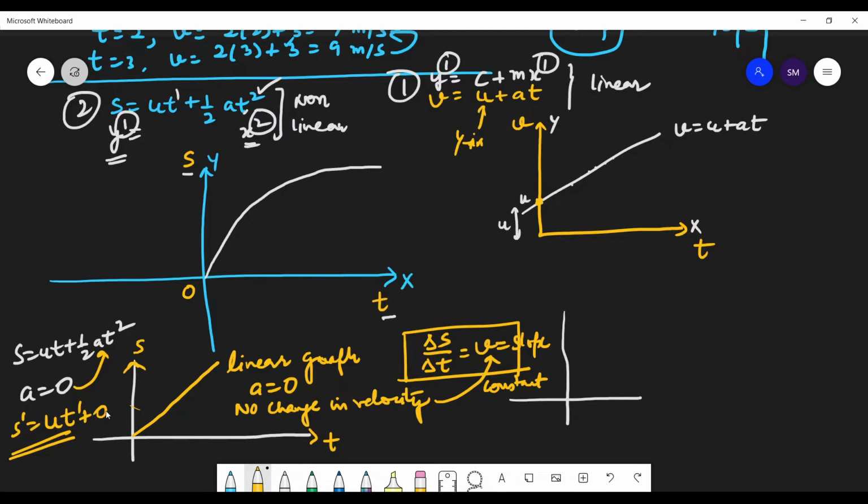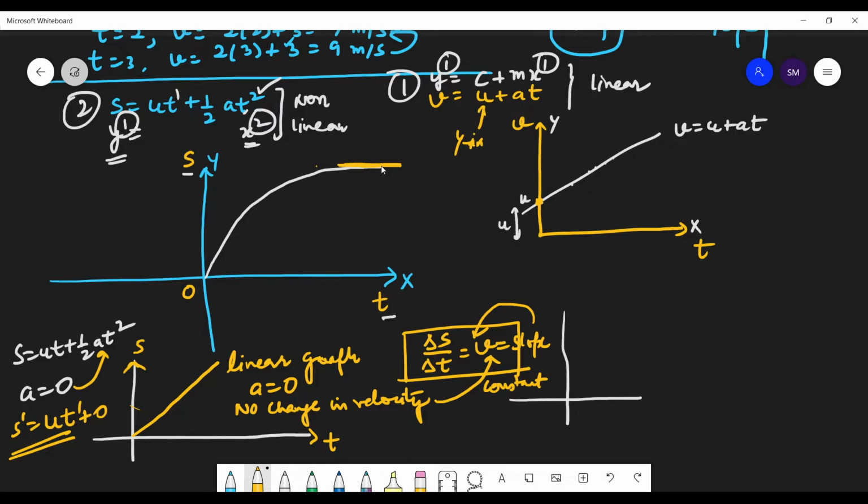So here you can see at this particular point, slope is 0, isn't it? Horizontal line. Yes.